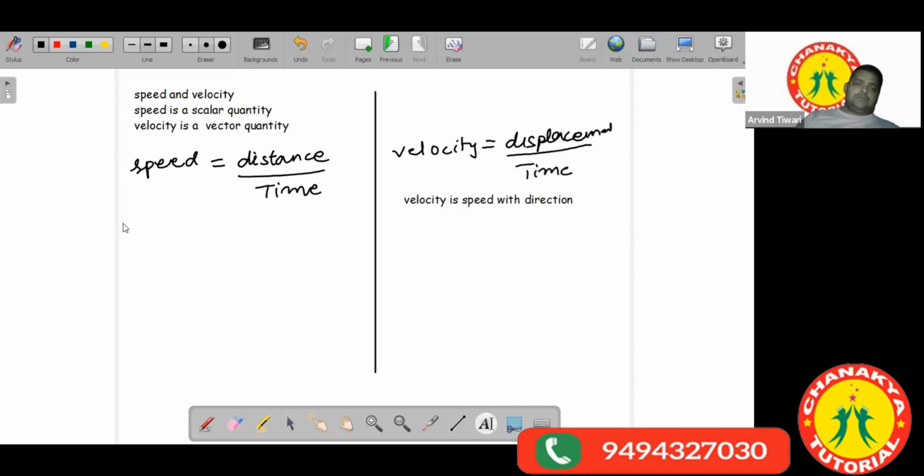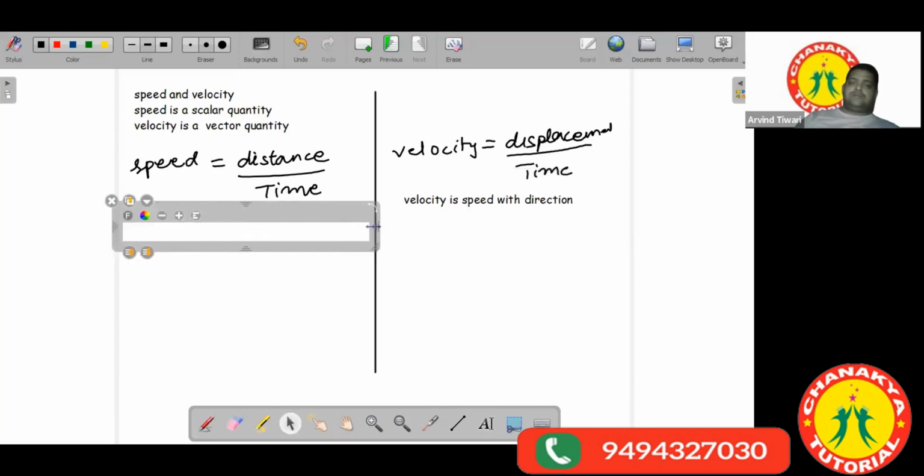Here you have the question. A boy travels 200 meters in 15 seconds.